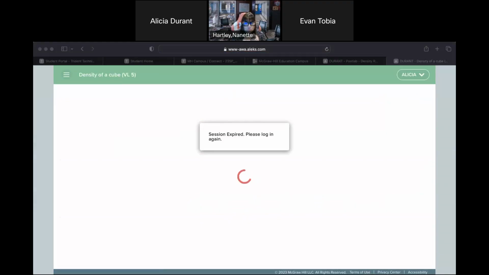You know what? It's Safari. ALEKS does not like Safari. According to their specifications, it is not compatible with Safari.